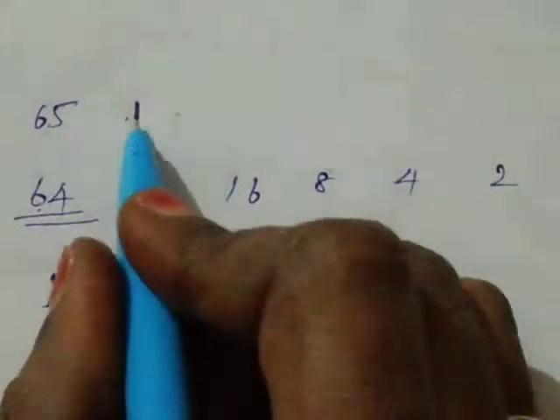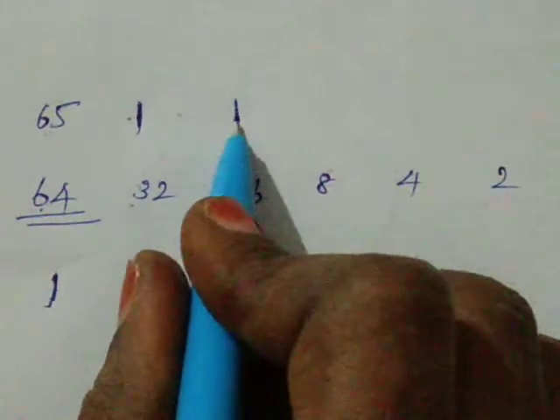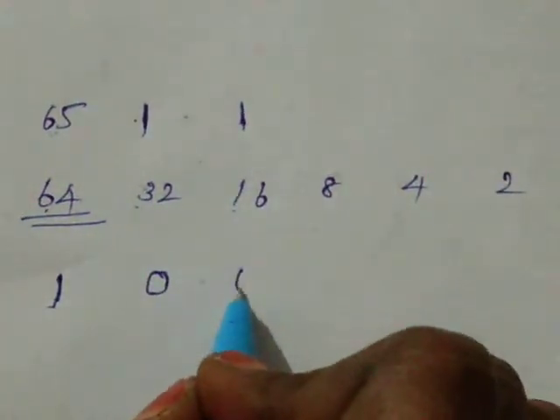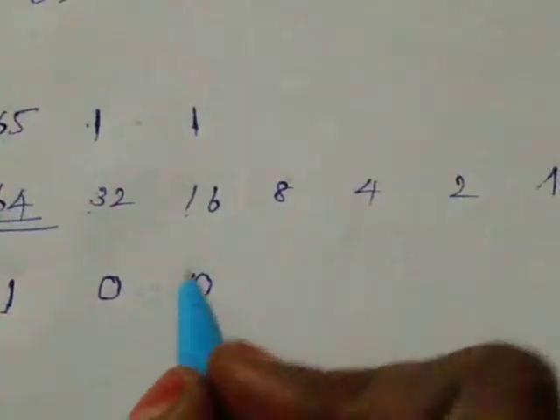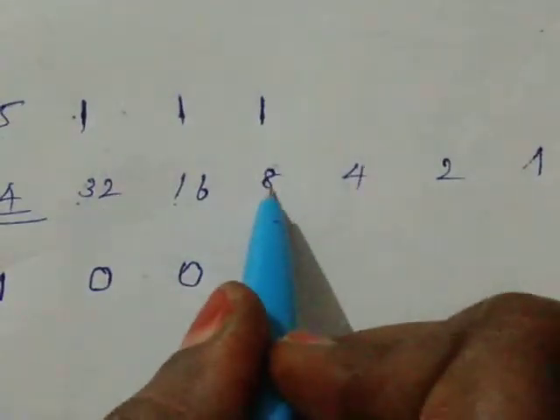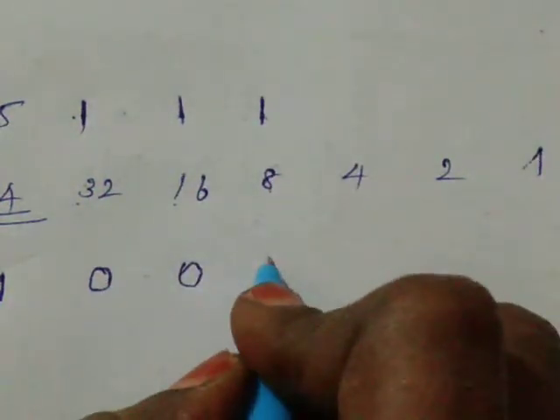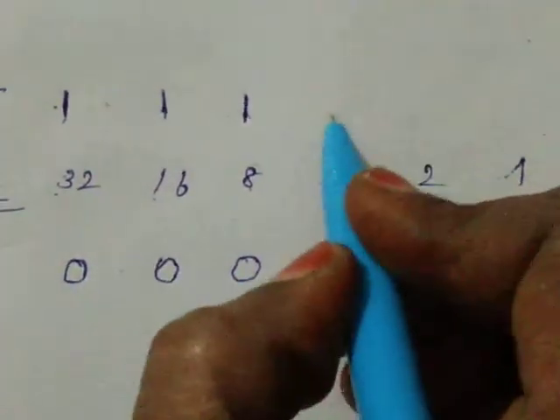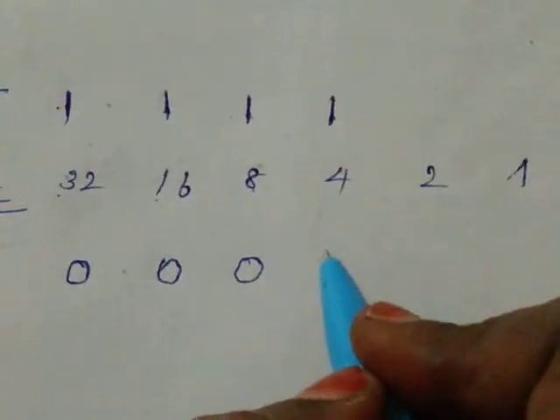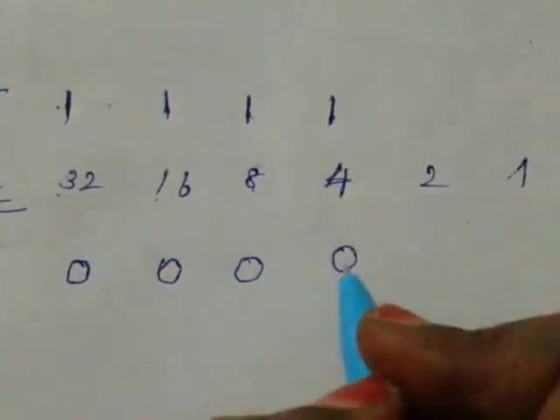After that, 16: we take the same remainder 1. 16 is greater than 1, so we can't subtract, and we put 0. Again 8 is greater than 1, so we can't subtract, and we put 0. Here also 4 is greater than 1, so we can't subtract, and we put 0.